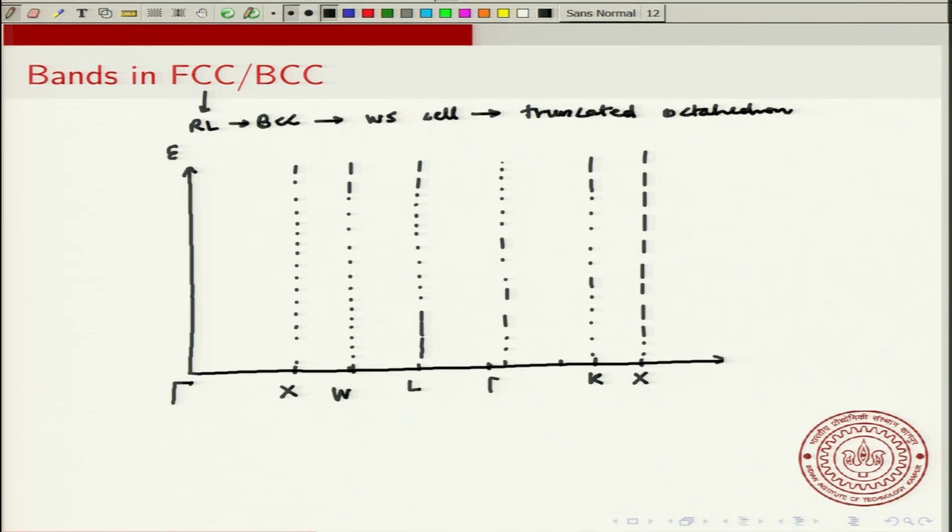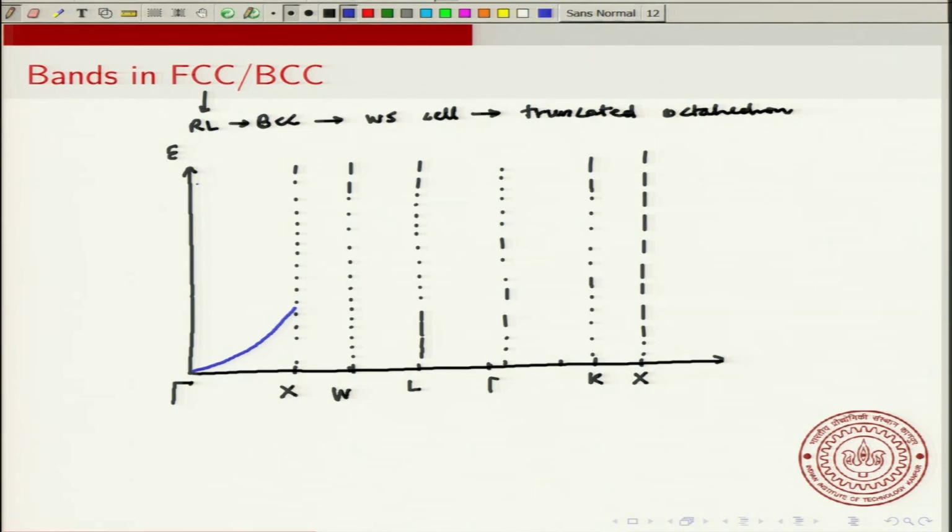Now, let us show the case of the free electrons. If it is nearly free electrons, there will be some perturbation. So you will have some band that looks like this, from gamma to X, just like your free electron band. Now, this is going to intersect some other band, basically because these are not straight lines. So the band might be in a different direction.